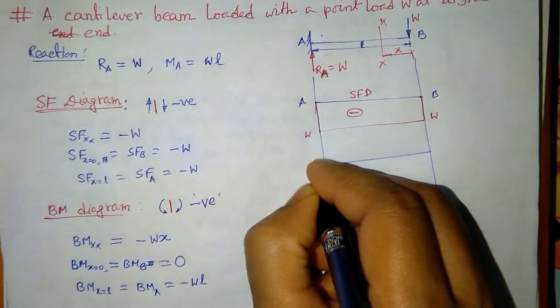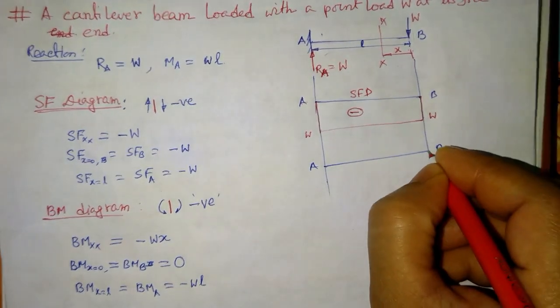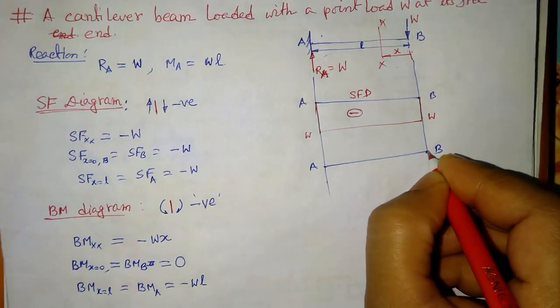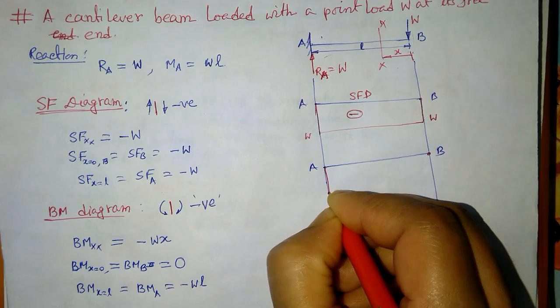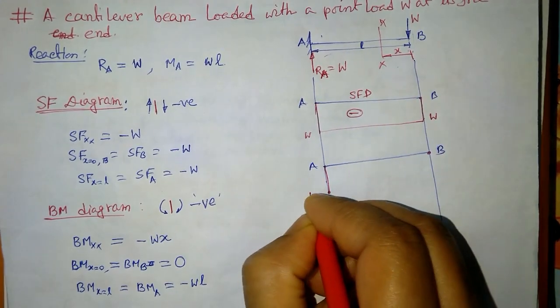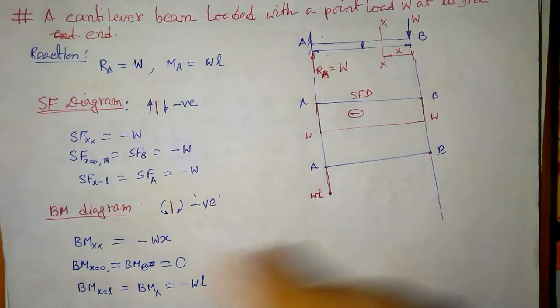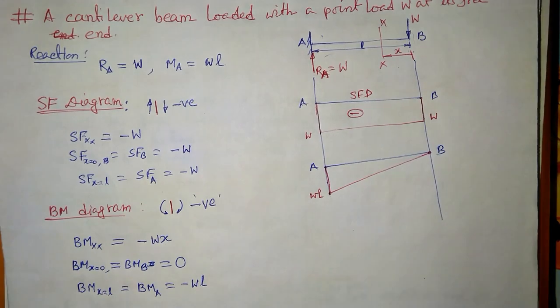Again you take this as A and this as B. So at point B bending moment is 0, and at point A our bending moment is minus W into L. Okay, so you can join this.